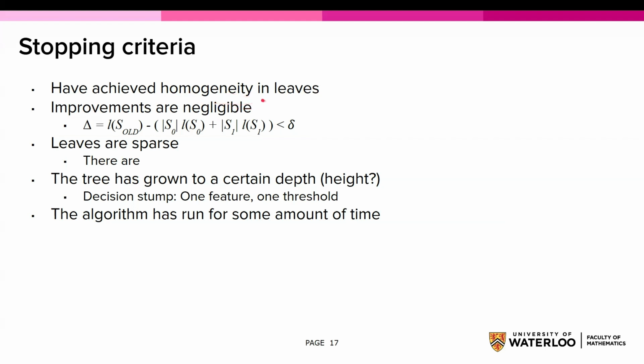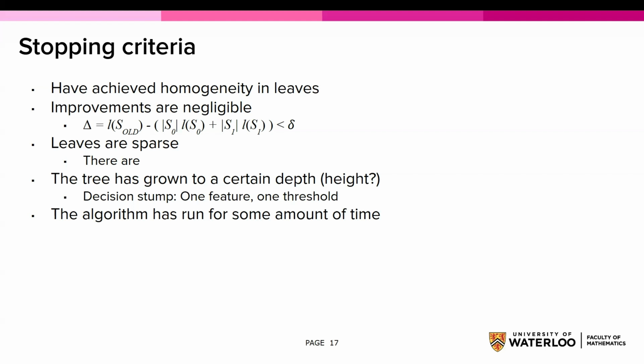One is to monitor and check for homogeneity within the leaves. This means that the nodes or the leaves at the end of the tree contain samples that only belong to one class, in which case you know that you can't do any better with further splitting. Another possibility is to predefine some minimal improvement that you need in order to justify going deeper into the tree.